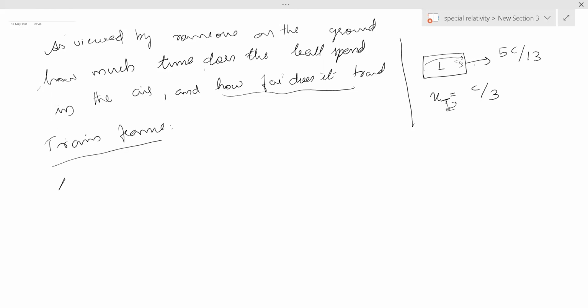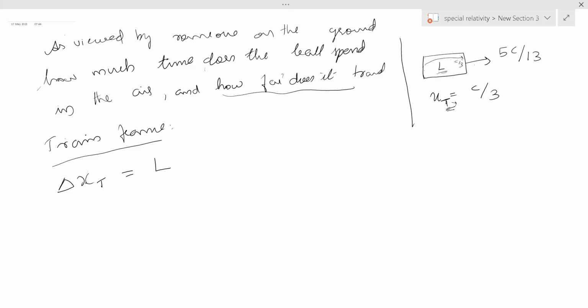What's the distance traveled? Delta x with respect to train is L, because the ball is thrown from the back to the front. In the train frame, the separation is L. That's given.